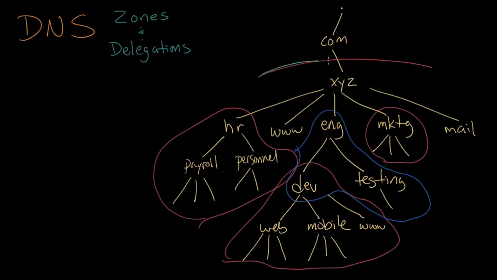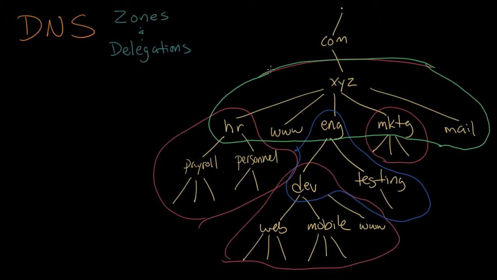And so where does that go? So basically everything that is at that top level underneath XYZ is a zone. The COM domain, which is also a zone by itself, delegates off responsibility for the XYZ domain to, I think it was Steve, and then Steve delegates human resources off to Phil.